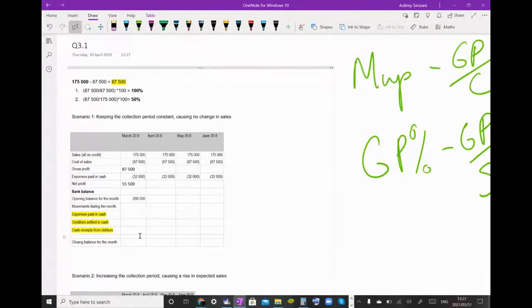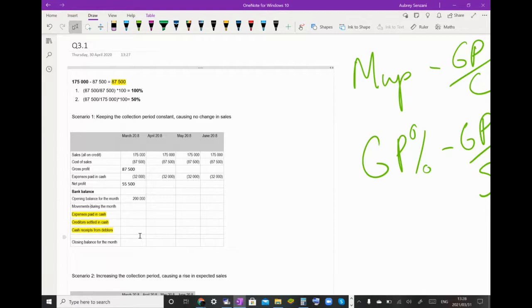So did we miss out on any additional information? Let's just see there quickly. Under the second scenario, it says, note that all merchandise is purchased on credit and sold within the same month. There were no outstanding amounts from debtors on 1 March 2008.